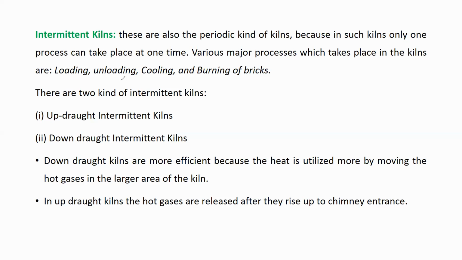So in an intermittent kiln, at one time you can do only one process. First you can do only loading. After completion of loading you can burn those bricks. After completion of burning you can unload, and after unloading you can keep it for cooling.